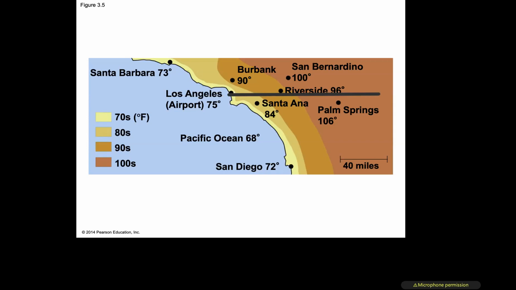But because Los Angeles is near the ocean, which is so huge, you can see it's 68 degrees in the ocean. And that helps to moderate the temperature of Los Angeles versus Riverside. Oh my gosh, Riverside has a huge, huge temperature increase. Even though they're the same latitude, it's because there's not a large body of water near Riverside to absorb all of that solar energy. And so these average temperatures are 21 degrees higher. So pretty crazy.